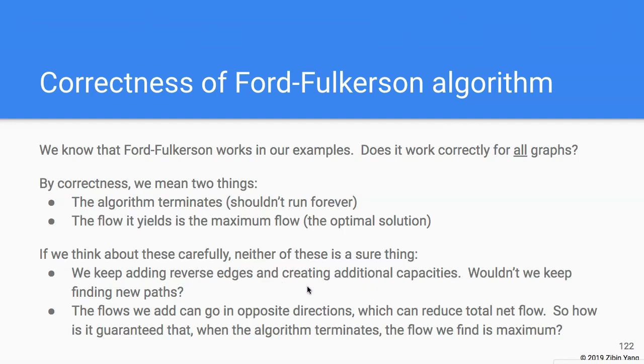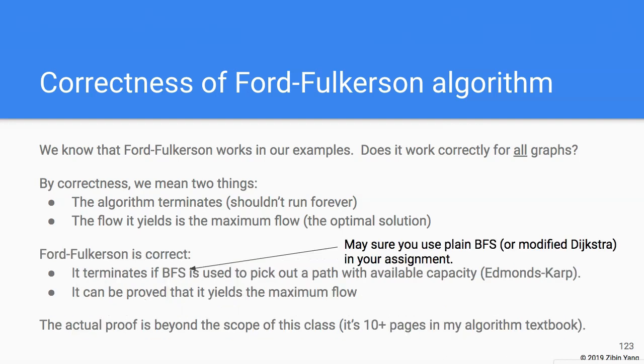And the second thing is that the flow we add can go in the forward direction or the opposite direction. And flows that go in opposite directions actually reduce the overall net flow. So how is it guaranteed that when the algorithm does terminate, the flow we find is the maximum? Those are really interesting questions.